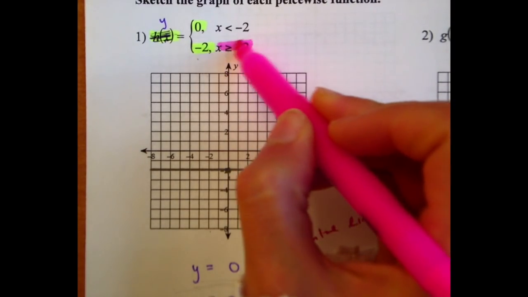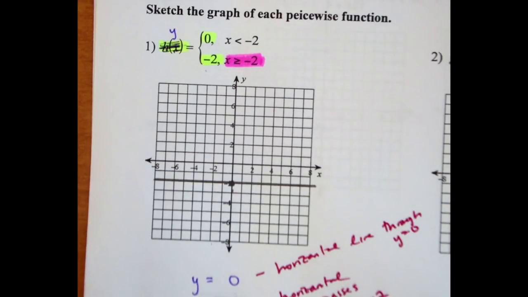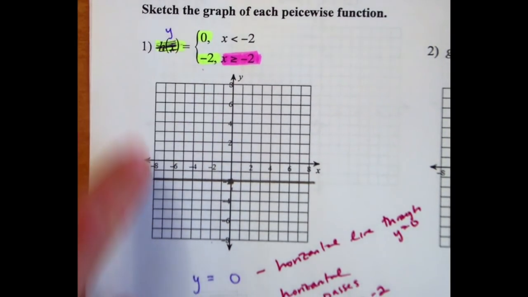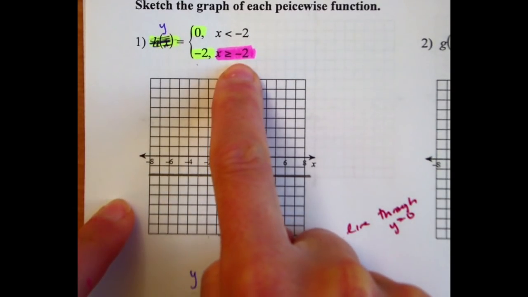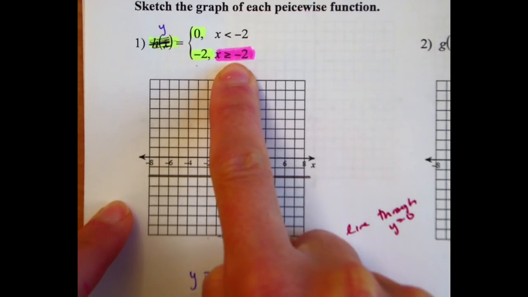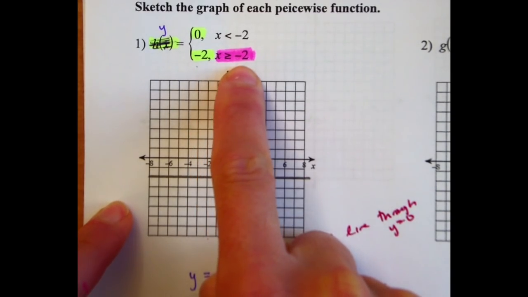What does this mean? x is greater than or equal to -2. Okay, so what this is telling me is that this is my equation, this is the line I've just drawn, y equals -2. And the second part is telling me this function is only true on the domain or on the interval x is greater than or equal to -2.